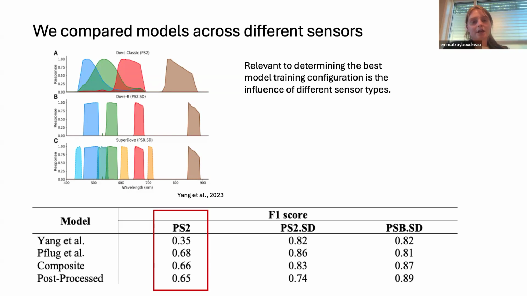All of these models were trained in 2022, but then we tested 2020 with these two other sensors, and 2023 as well. And I would say the biggest issue was having a different sensor, especially the first generation. Sure. Okay, cool. Thank you.